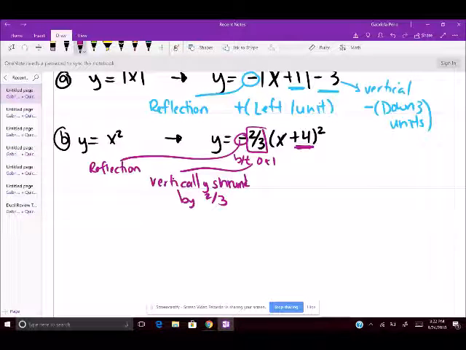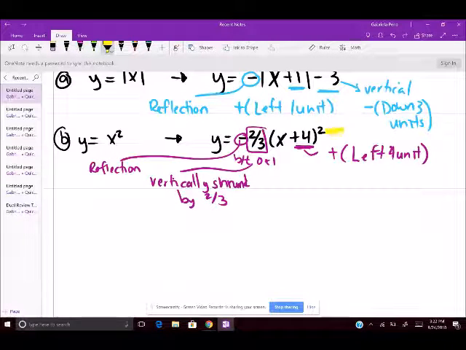This plus 4, because it is your horizontal shift, because it is plus, we're moving left 4 units. And because there is nothing out here, there's no up or down. So there's no up or down for this one.